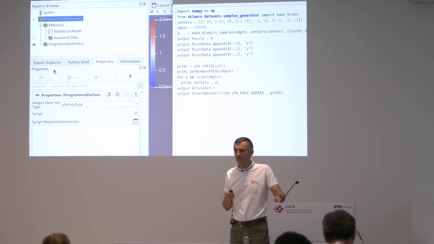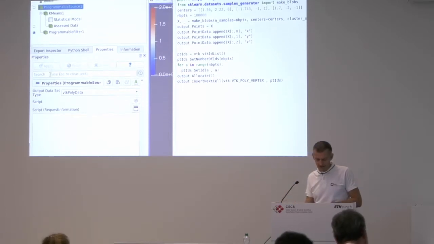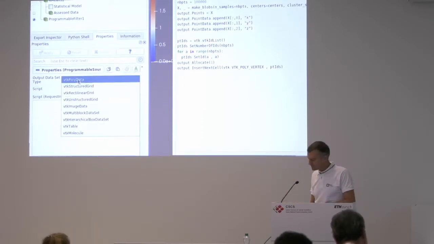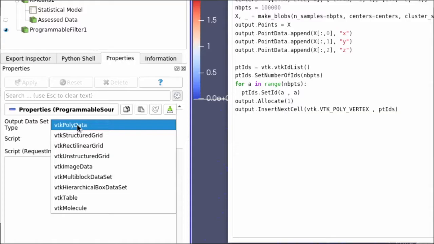In the case of image data, for example, I'll show you here that I can generate basically all of the primitive types for ParaView. Depending on the type, I will not need an explicit list of coordinates.